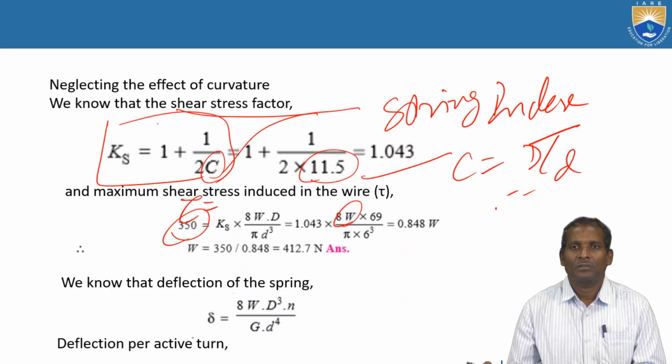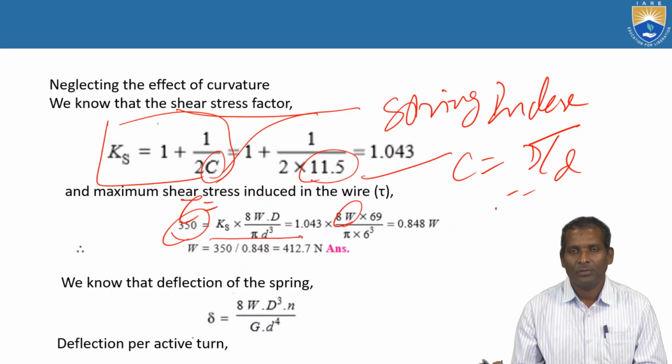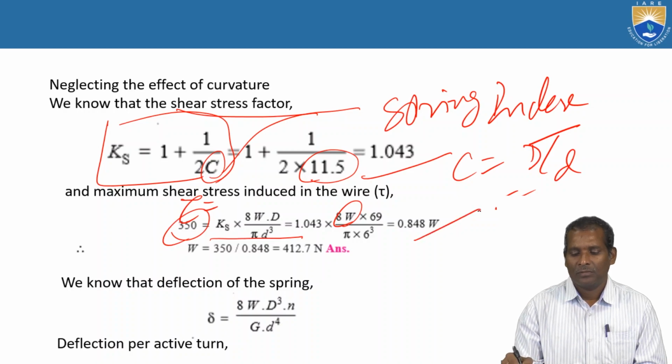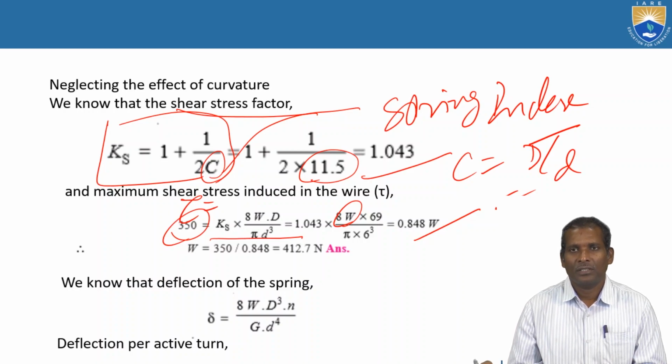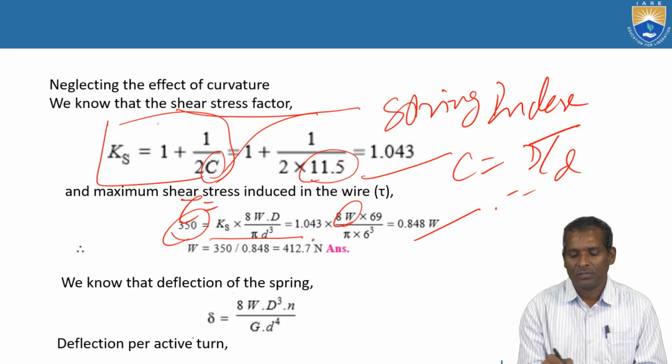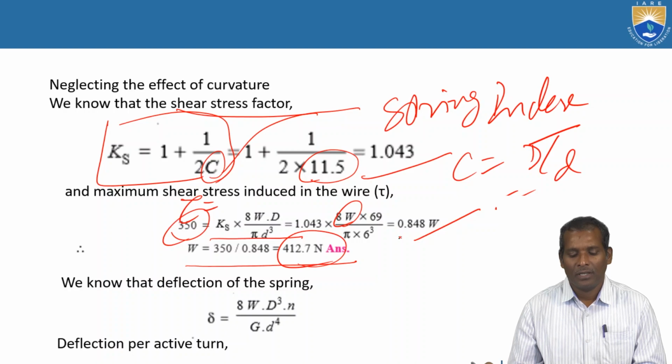So now substitute the capital D and small d values in this relation. Tau is equal to Ks into 8WD by pi d cube. So we will get the shear stress in terms of W. The shear stress value you already know, so substitute it in this and you may get the axial load value.